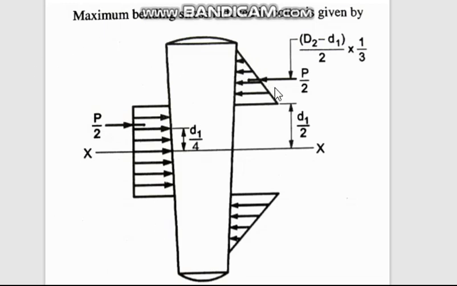So on the socket collar, the load will be exerted in a triangular form like this, on both sides, whereas the Spigot exerts load in the rectangular form.